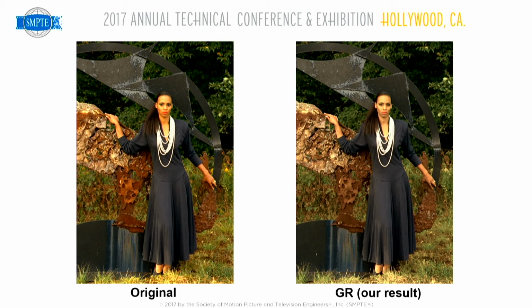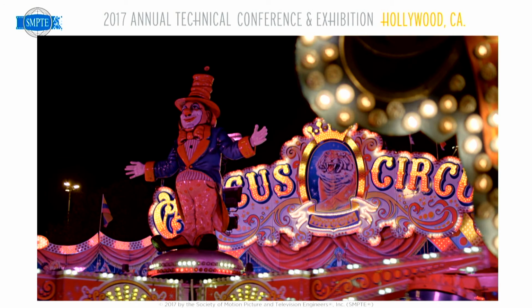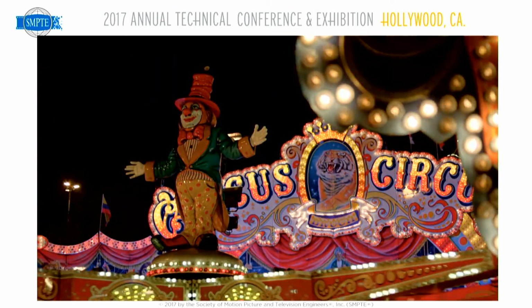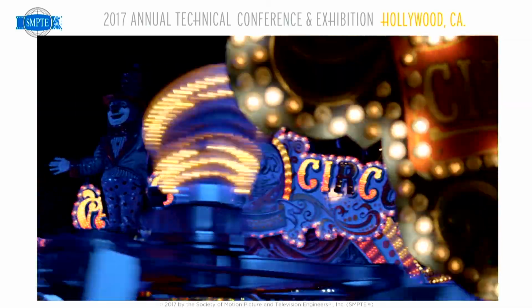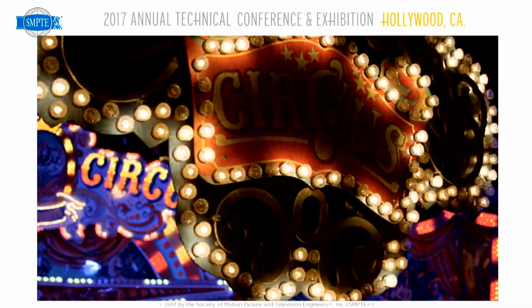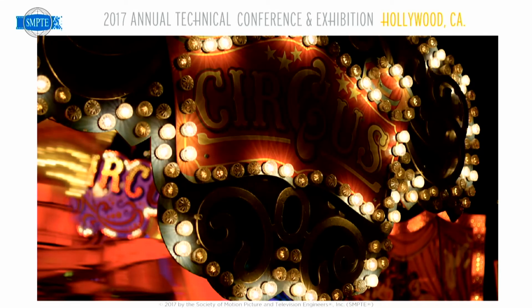And this is a video, and this is from the HDR video dataset by Stuttgart University. And here I must say that we are simply applying our gamut reduction method to each frame independently. Can you play it again?